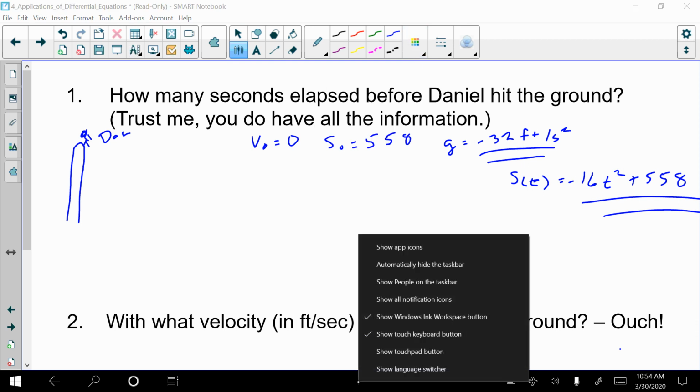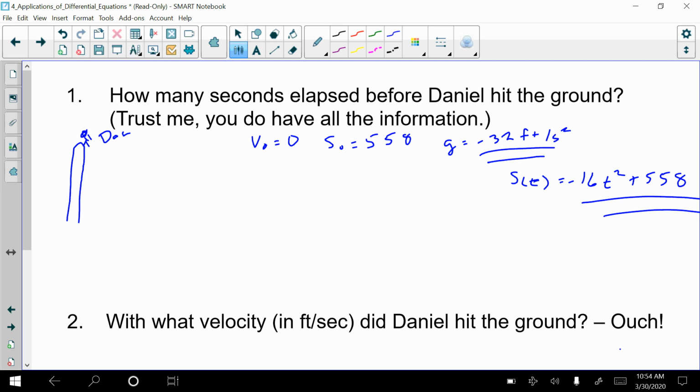So we're going to take our dv equal to negative 32 dt, and we'll just write it out as we've already separated the variables. Instead of saying dv over dt is equal to negative 32, we'll have it written out with the variables already separated.